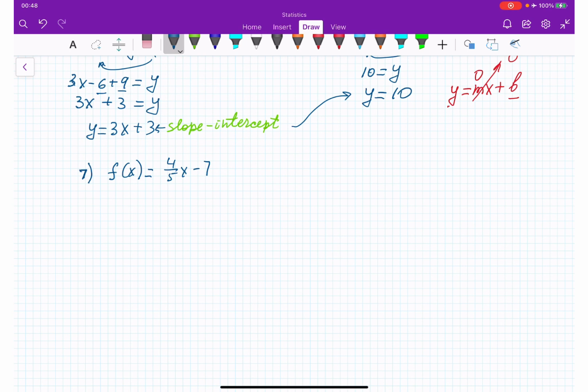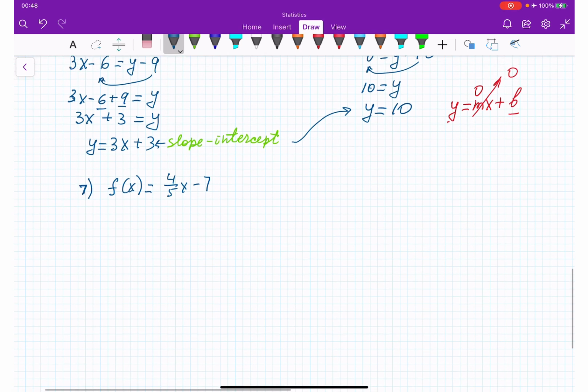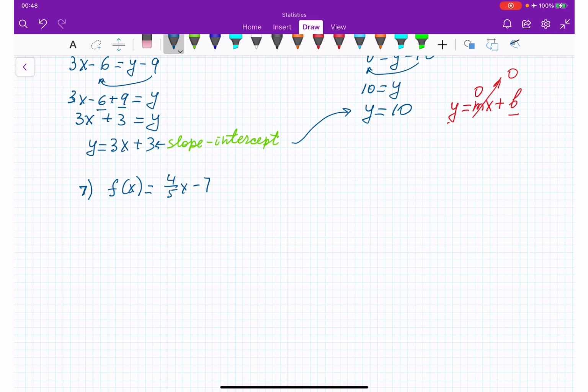Okay, so the slope is our m, which is the coefficient of our x, and this is going to be our slope, 4 over 5. So m is equal to 4 over 5. Okay, and this is our y-intercept.